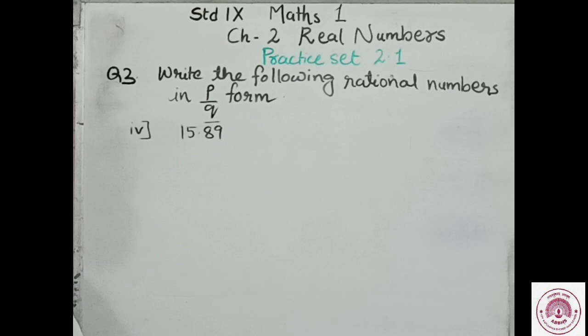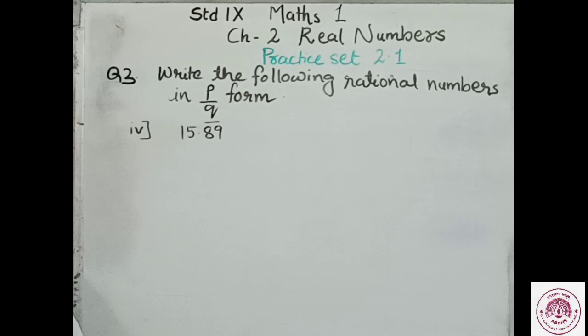Okay. Now, as 2 digits are repeating here, we have to multiply by 100 on both sides of equation 1. So let's multiply equation 1 by 100 on both sides. Okay. So after multiplication, we will get 100 multiplied by x is 100x equals to 100 multiplied by 15.89 bar.